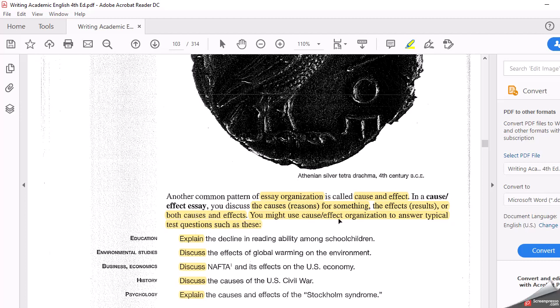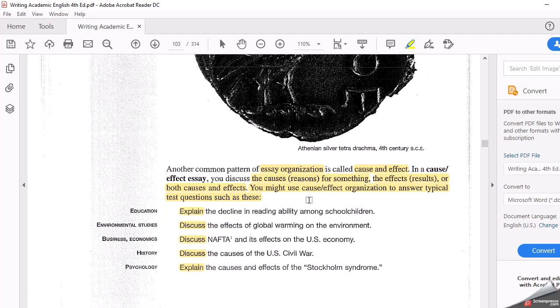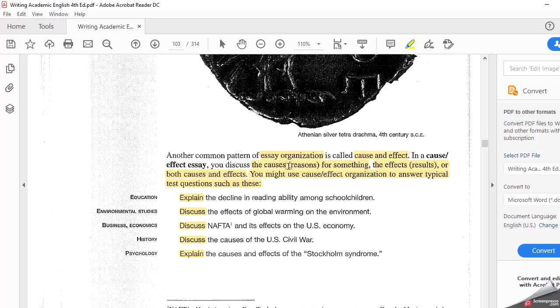You might use cause and effect organization to answer typical questions. This type of essay is very important to you as students, because it is used to answer questions required from you, in literature, in linguistics, or in other subjects. For example, in education: explain the decline in reading ability among school children.